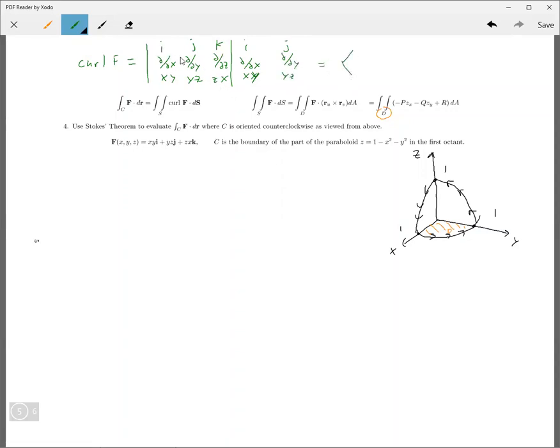In the i direction, it's the partial of this with respect to y, that's 0, minus the partial of this with respect to z, so that's negative y. In the j direction, the second component, that's 0 this way, minus that one, which is negative z. And then the k component is the partial of this with respect to x, which is 0, minus the partial of this with respect to y, which is x, so that's negative x.